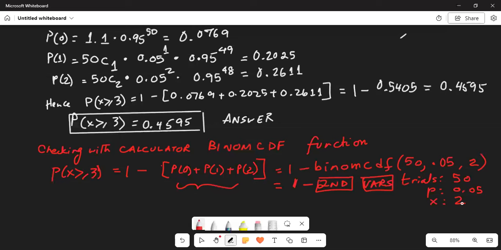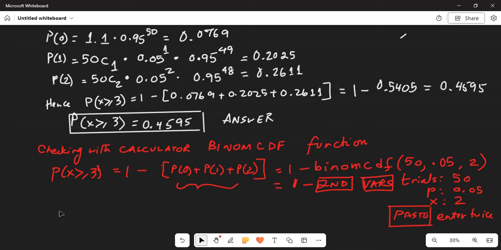And then I will go to Paste and hit enter twice.